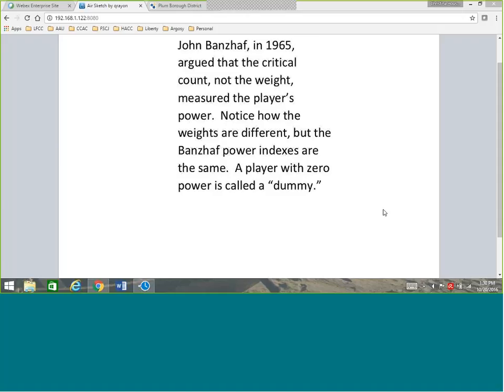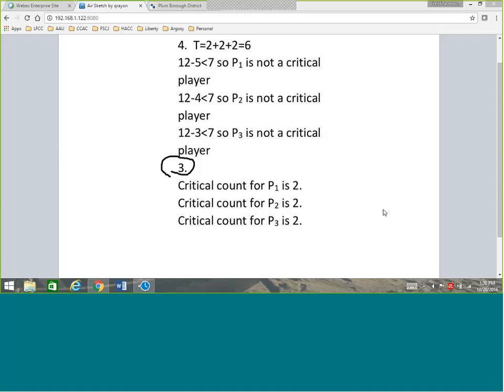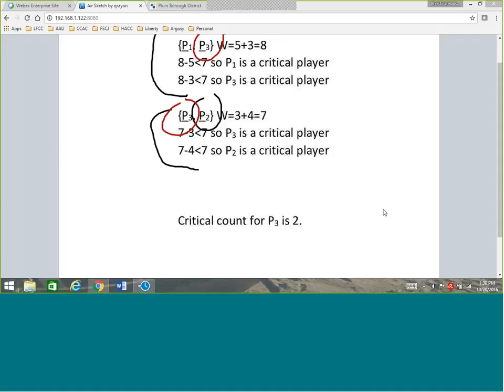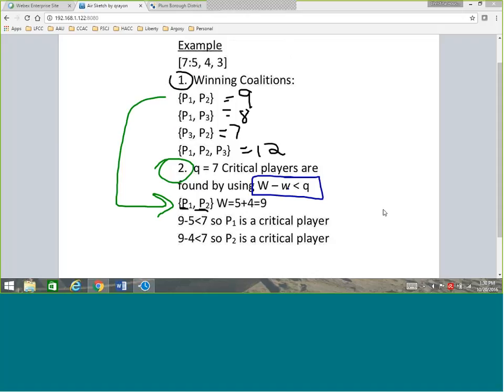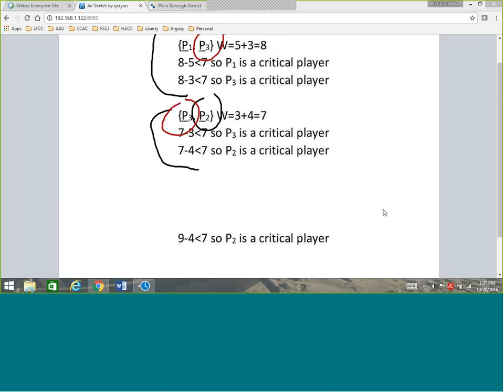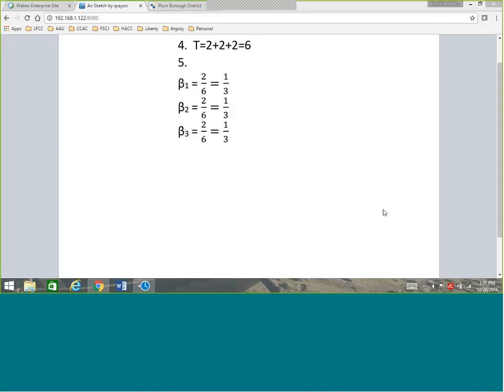Okay, so let's go back to the original problem. Notice how player 1 has a weight of 5, player 2 has a weight of 4, player 3 has a weight of 3. That makes you think that player 1 actually carries more power than the other 2. But if you look at the Banzhaf Power Index for each one, you get 1/3 for all of them.